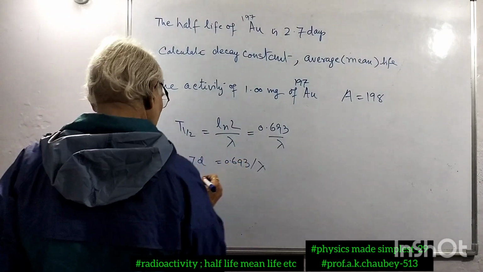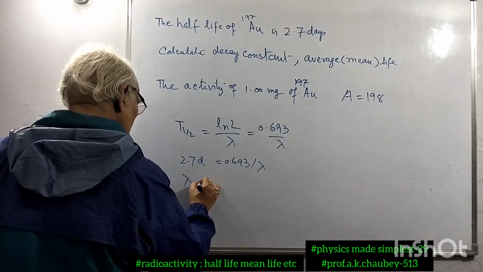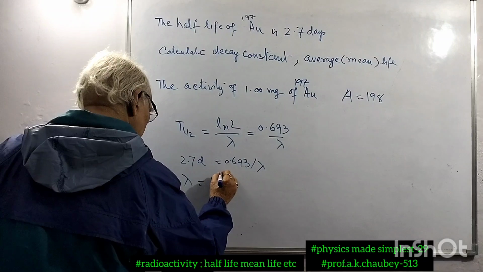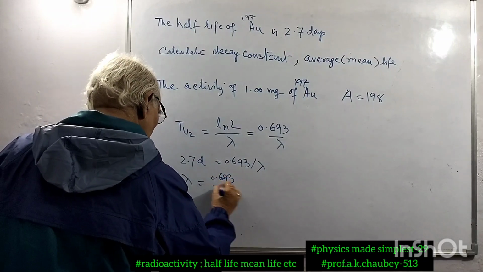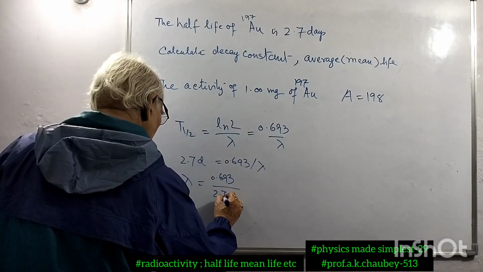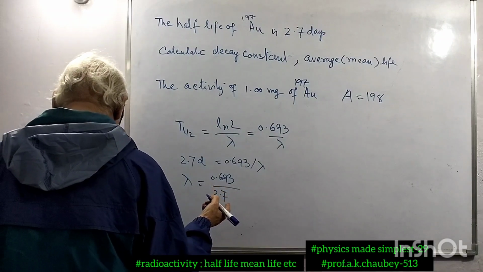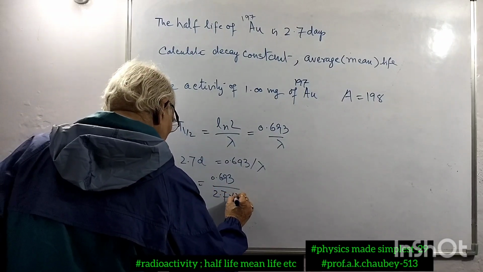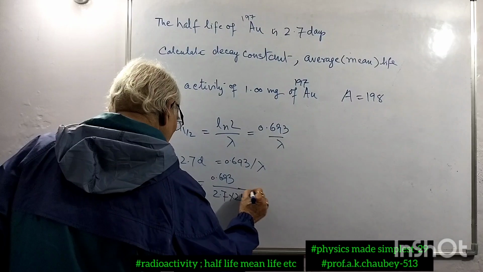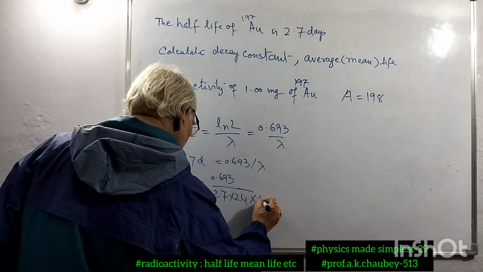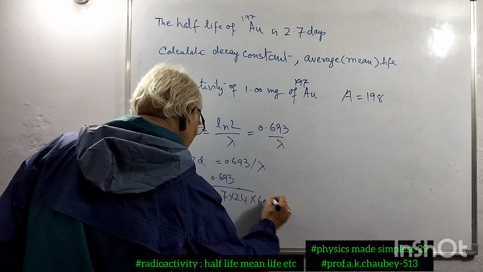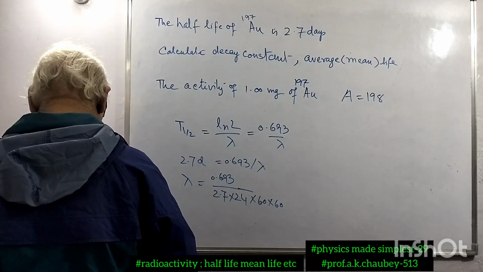That is lambda equal to 0.693 over 2.7 days, converted into seconds. So 2.7 days, 24 hours, 1 hour is 60 minutes and then 60 seconds. So this will be in proper units.